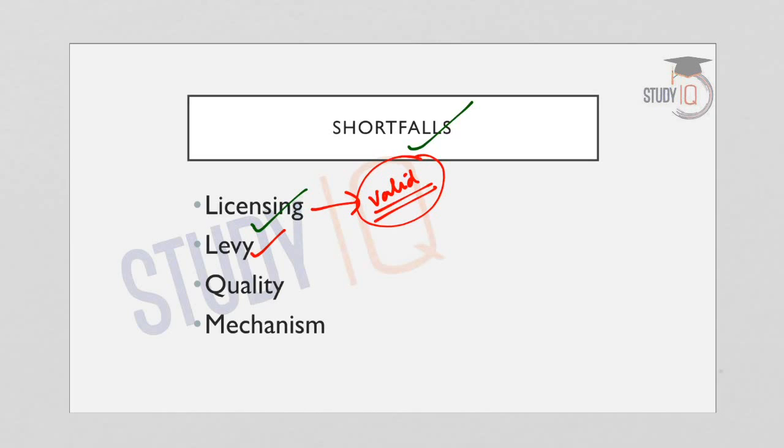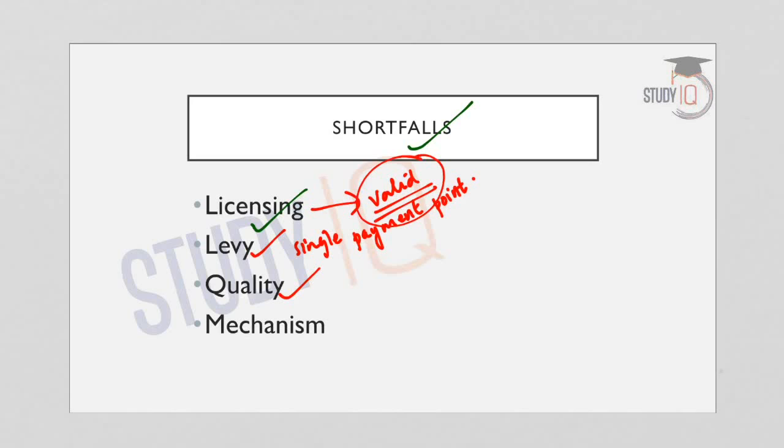Second one is regarding the charging of levy. So the marketing levies of all the states need to be harmonized. That means there should be a single payment point of mandi charges. But many of the states are not willing to alter the market levies because this will cause them a shortfall in their revenue.